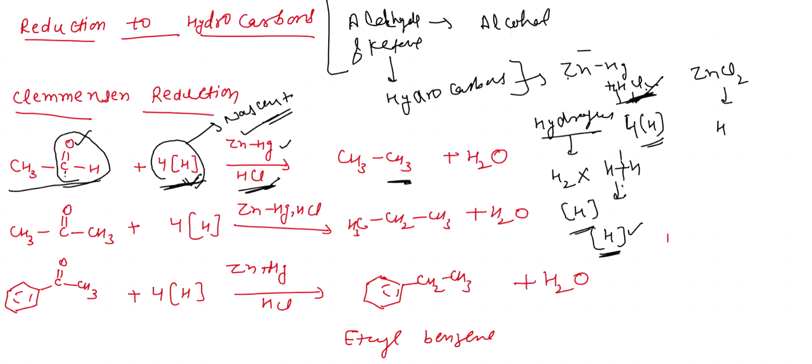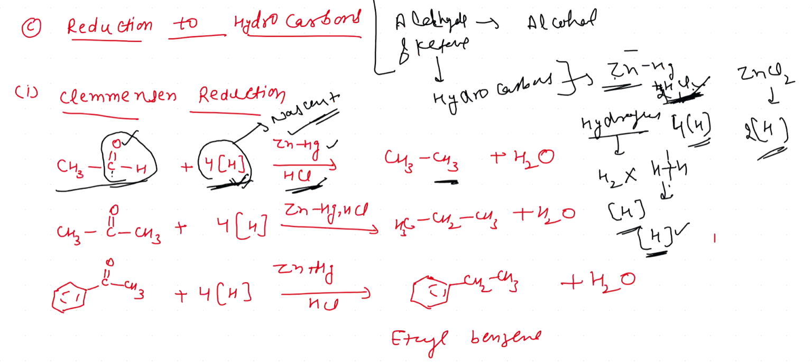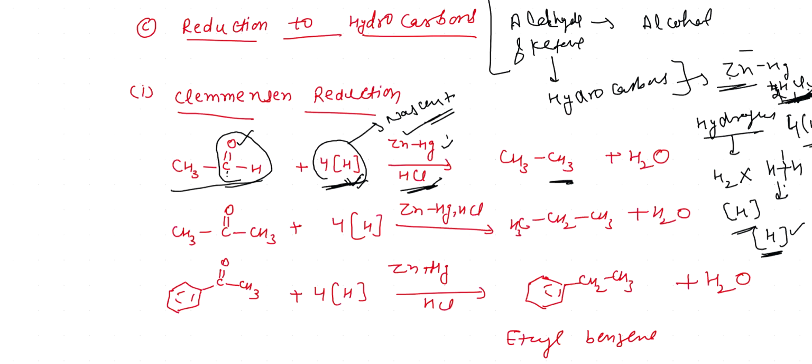So to get two nascent hydrogens, two molecules of HCl will react with zinc amalgam, and you will get zinc chloride plus two nascent hydrogens. So this is the purpose of using zinc amalgam in the reaction.